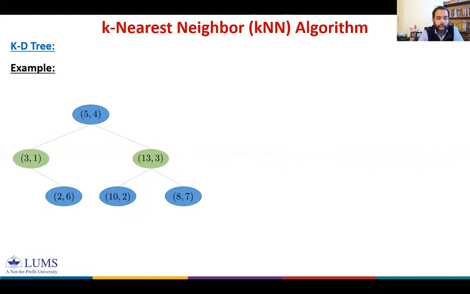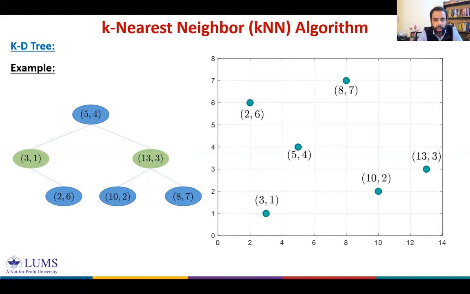Okay, so we have this KD tree, and if I visualize this division, this splitting of the data in R2, I have generated these data points. What I had, right? So the first splitting (5, 4), if you recall, is along x1, right? So this is my x1 and this is my x2.